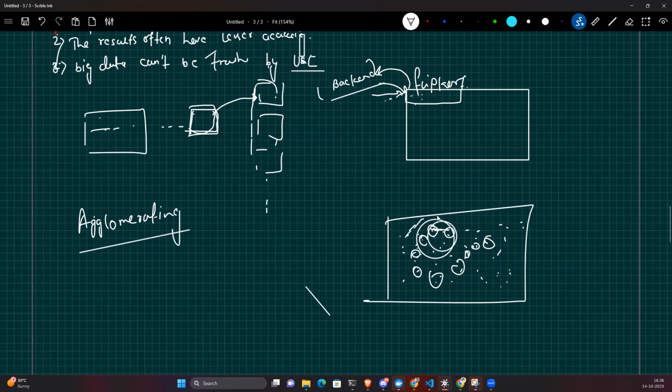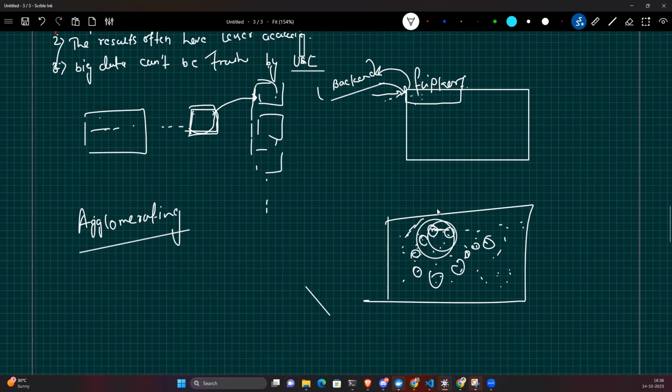Earlier, we were getting data and creating different clusters. In this agglomerative case, at the very initial stage, we understand all the data points belong to separate clusters, and then we merge the small clusters into a single cluster. That's why it is called the bottom-up approach. This is called the agglomerative clustering technique.